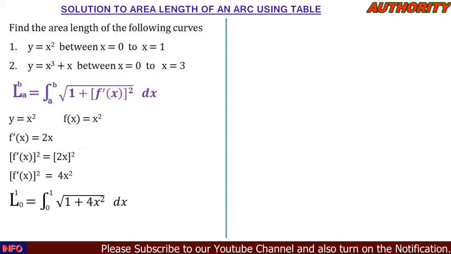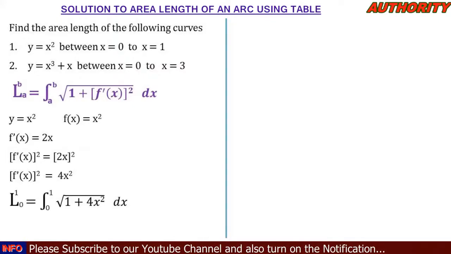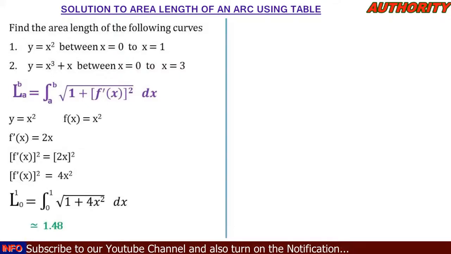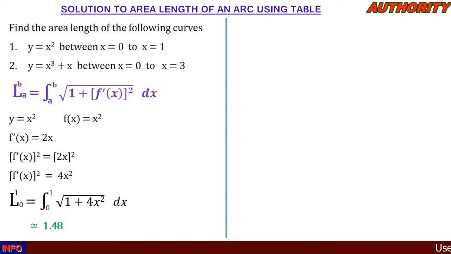If we are to use scientific calculator, it's going to give us approximately 1.48. So the integral from 0 to 1, square root of 1 plus 4x squared dx, using calculator, is going to give us approximately 1.48. So we can say that 1.48 is the arc length of the curve y is equal to x squared. You get it, right? Good.